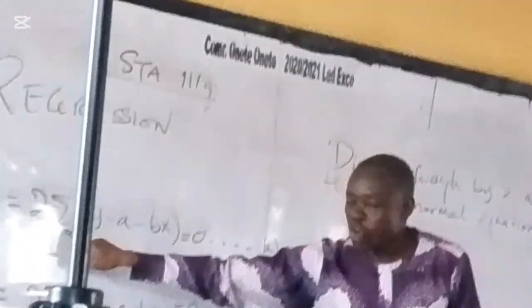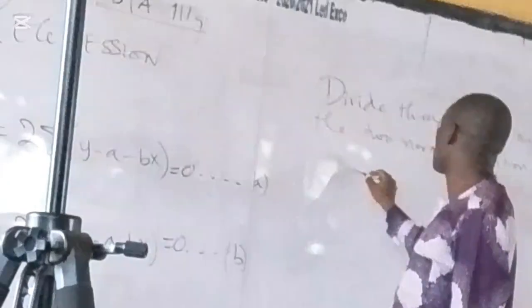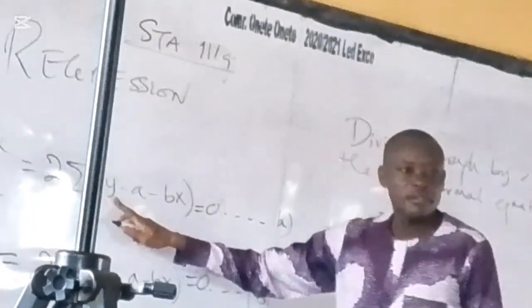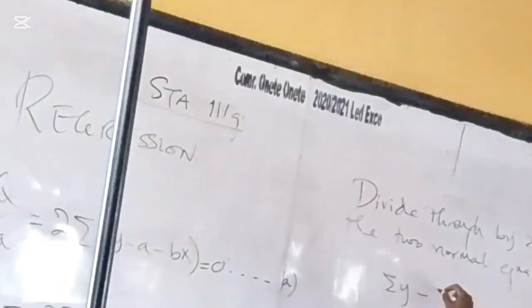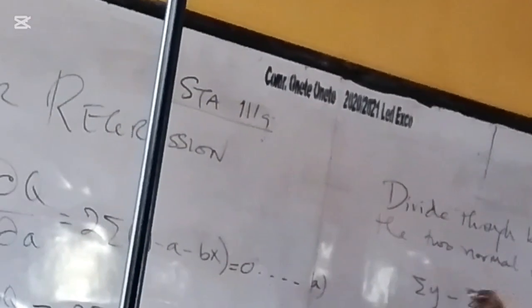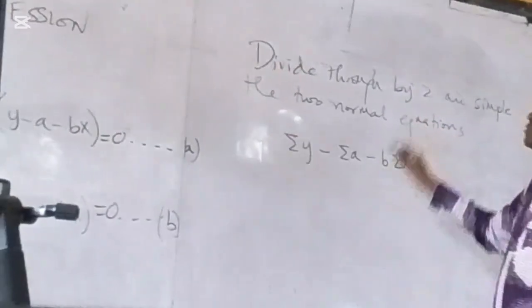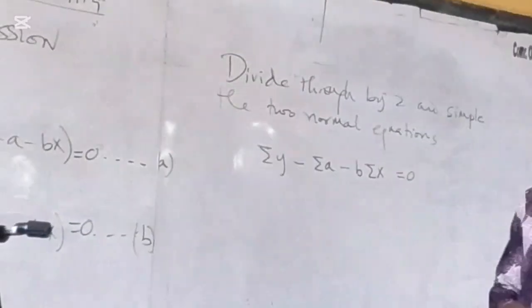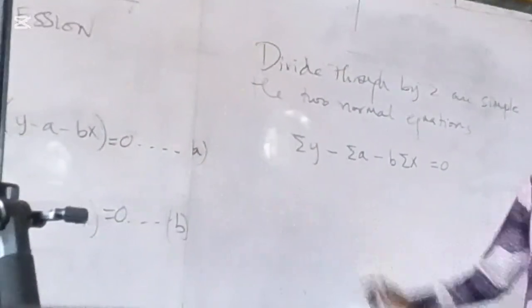As we open this bracket, we are going to have the sum of y minus sum of A minus B sum of x, equal to 0. We are going to sum all of this.